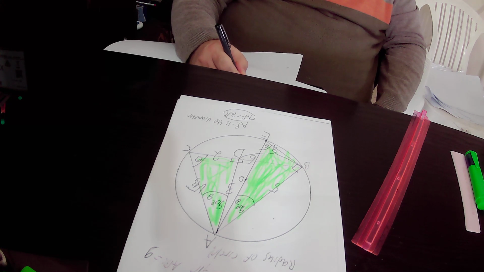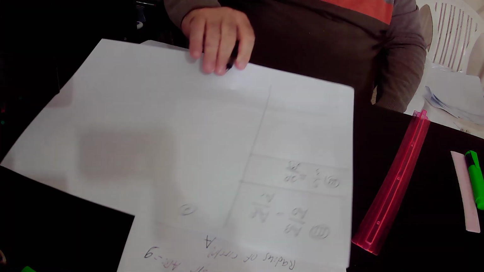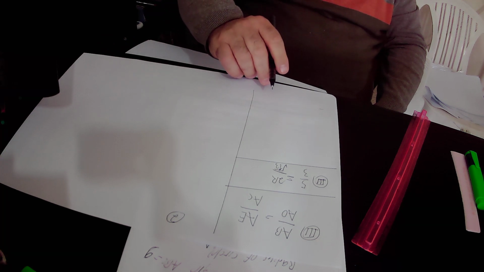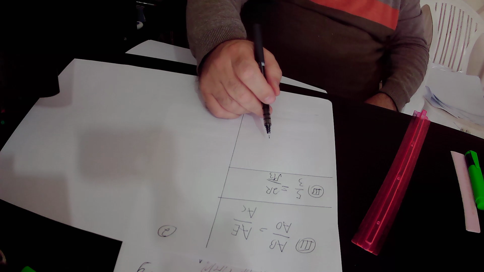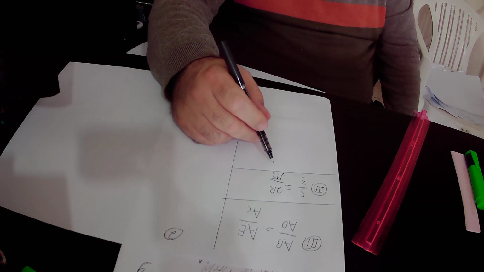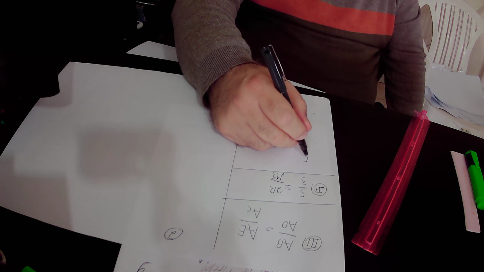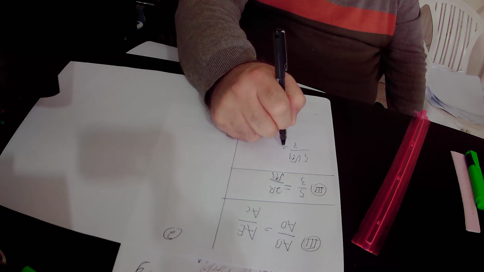So in conclusion, we found out that 5 over 3 equals 2R over square root of 13 units. Here we multiply this equation by square root of 13, and we get that 5 times square root of 13 over 3 equals 2R.